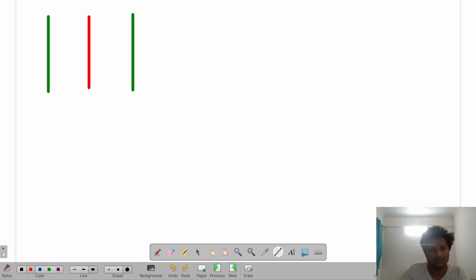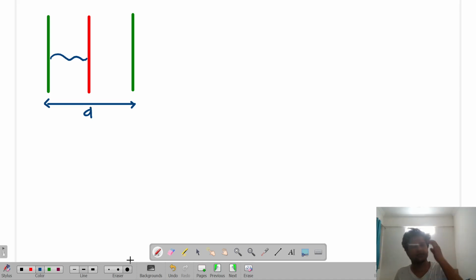But this time, I just connected this metallic plate with a wire. And initially also the distance was D between them. Got it?